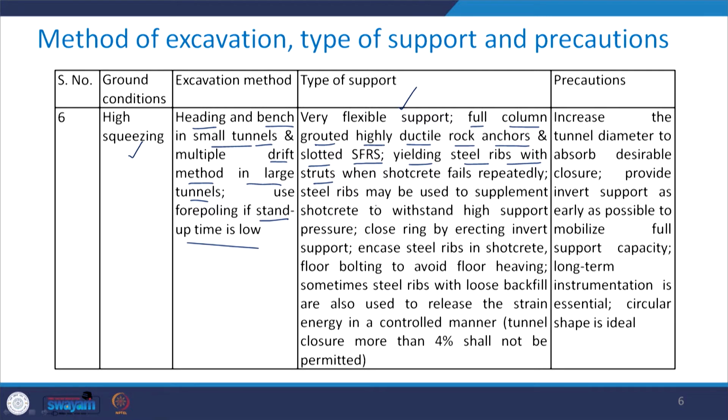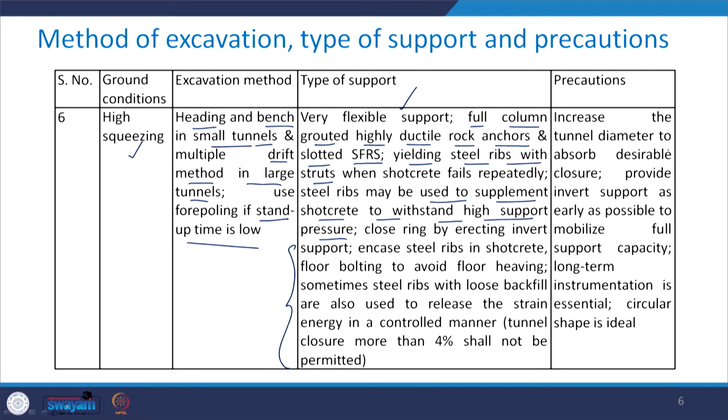These steel ribs may be used to supplement the shotcrete to withstand high support pressure, and some of the other conditions are all mentioned here. Now, the precaution that one should keep in mind is to increase the tunnel diameter to absorb the desirable closure.